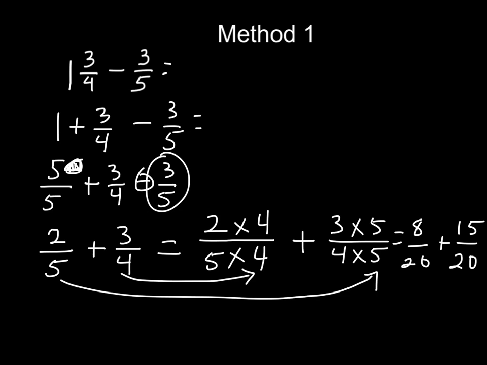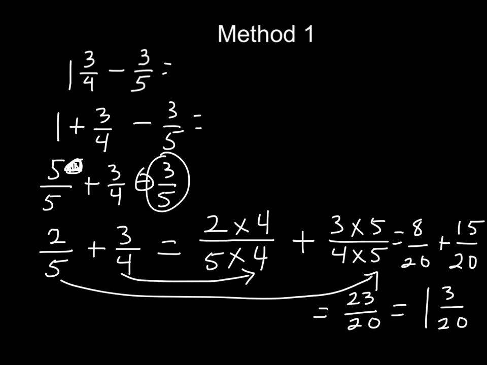When I add them together, I get 23/20. I can take one whole out, 20/20, and I have 3/20 left. So this method is fairly complicated. It's good for people to use if you're doing mental math to figure a fraction in your head, but it might be a little confusing for most of you.